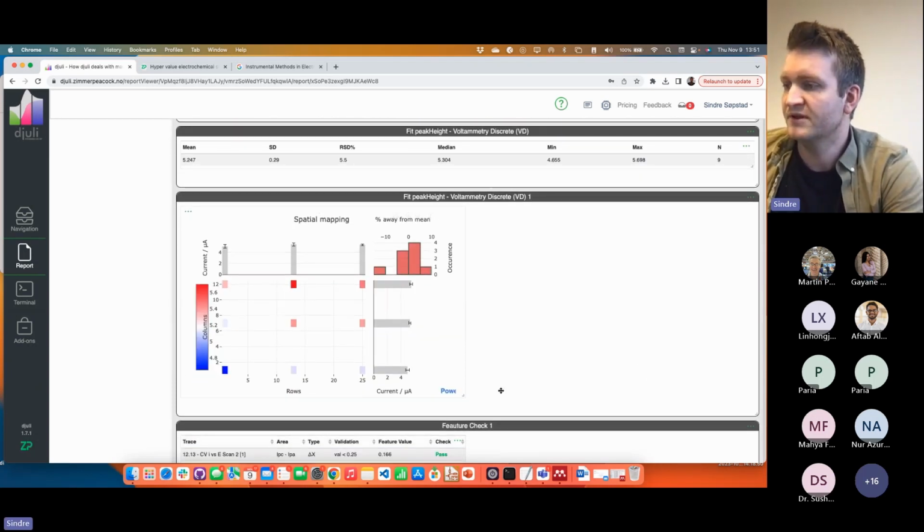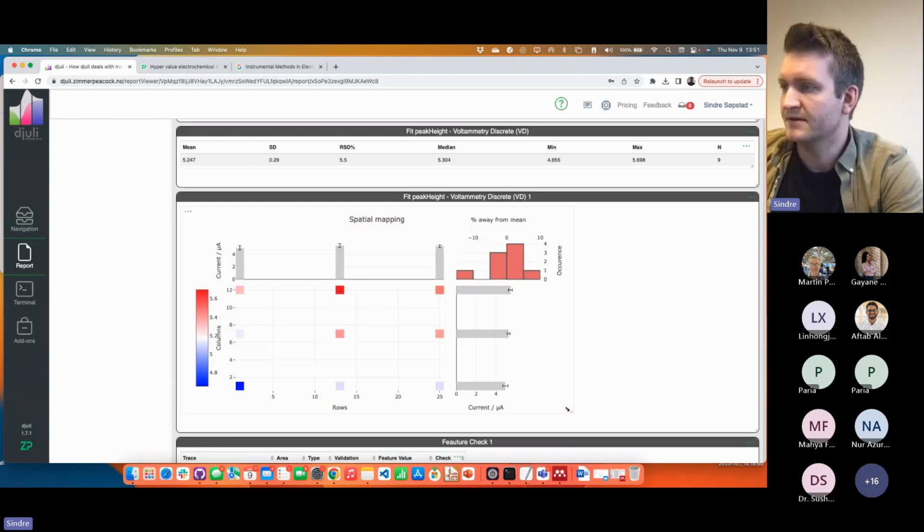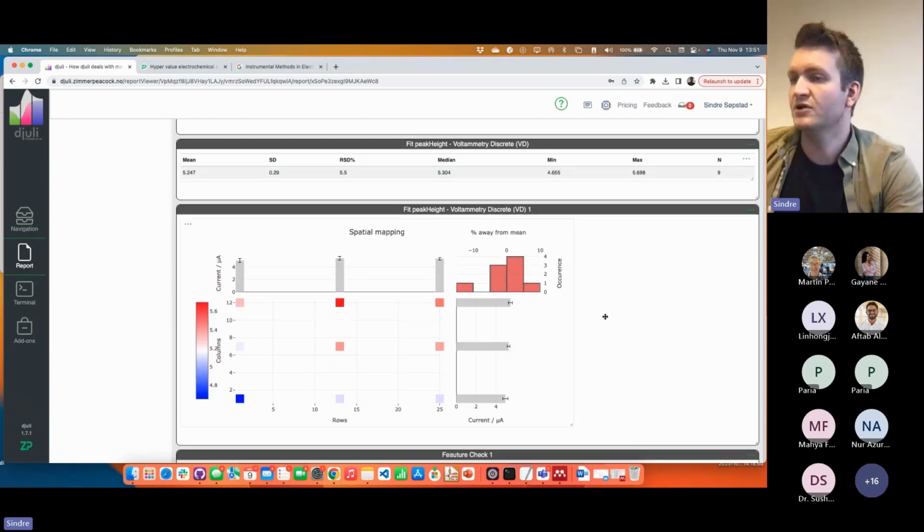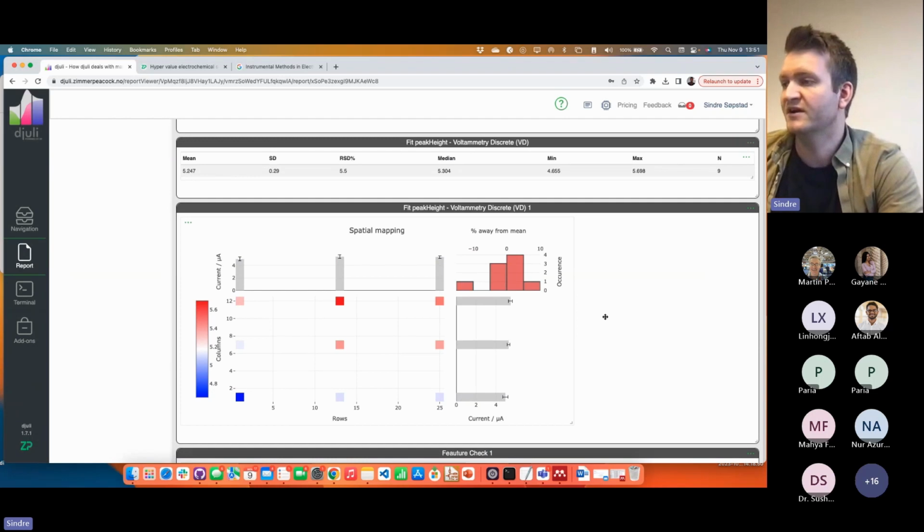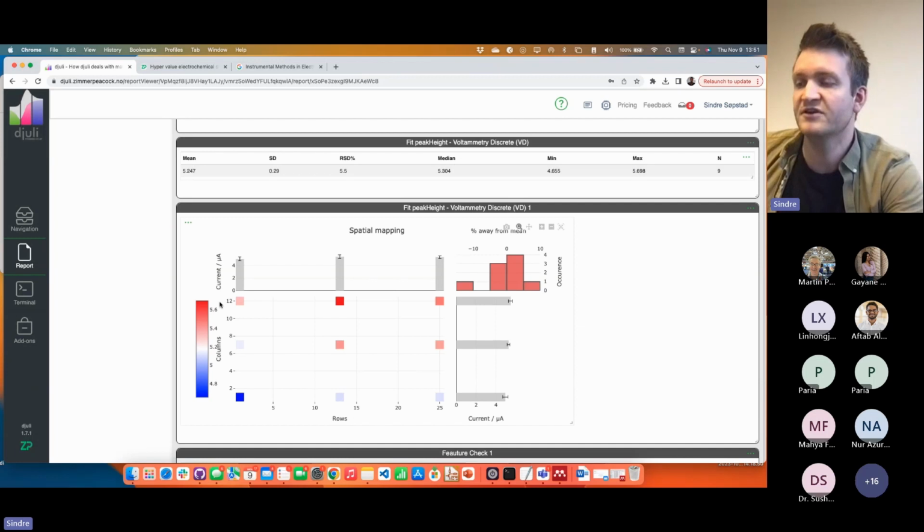This is the output from the wafer mapping. So this is a bundle of plots where we look at the space coordinate and the value recorded for the electrodes occupying that coordinate. We can see from the color scale that we go from blue to red, from 4.8 to 5.6.